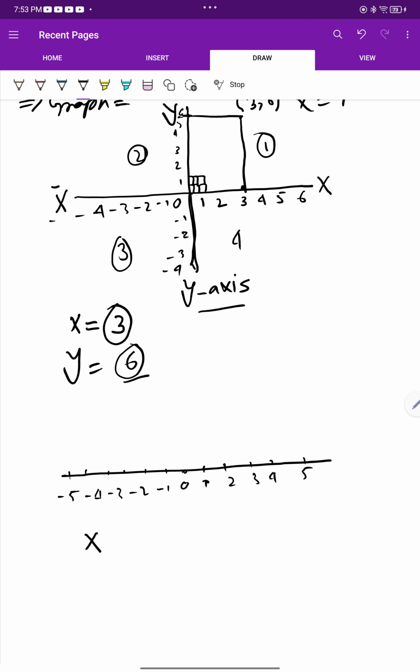Let's say the value of x starts at minus 2 is less than or equal to 0, and 0 is less than or equal to 4.